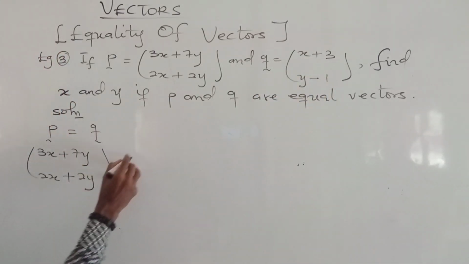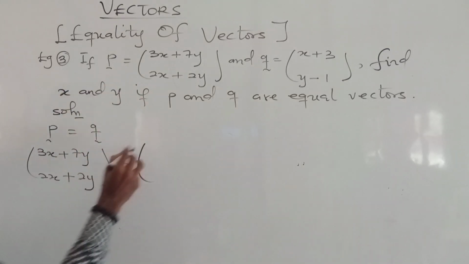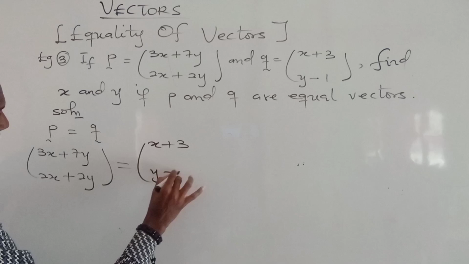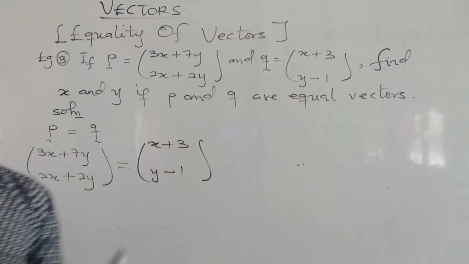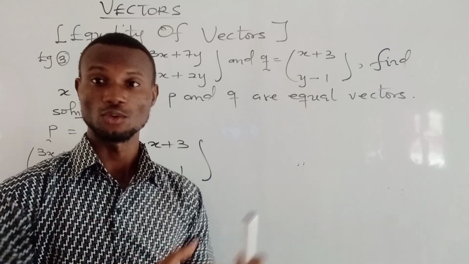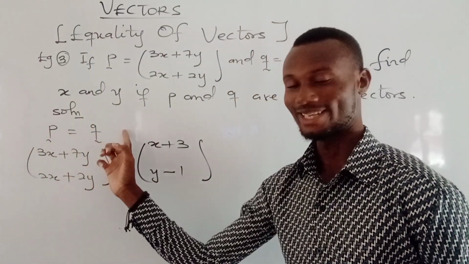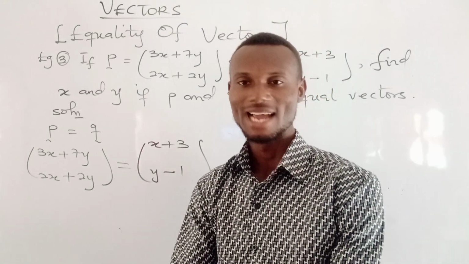So in place of the q, I'll put my value of vector q there, which is s plus 3, y minus 1. So from here, we just equate corresponding components. Why? Because vector p is equal to vector q. For that reason, it means the corresponding components are equal.